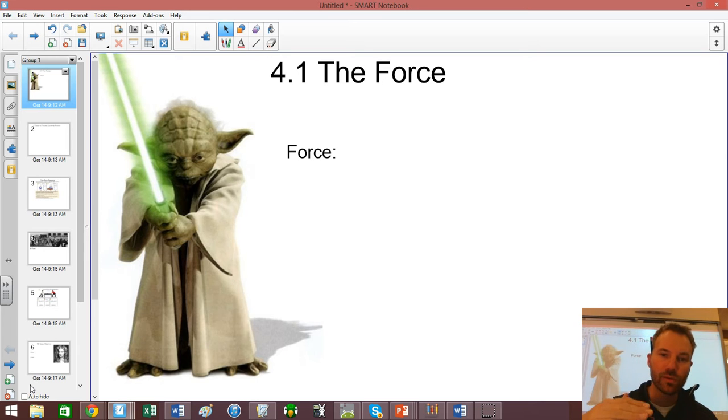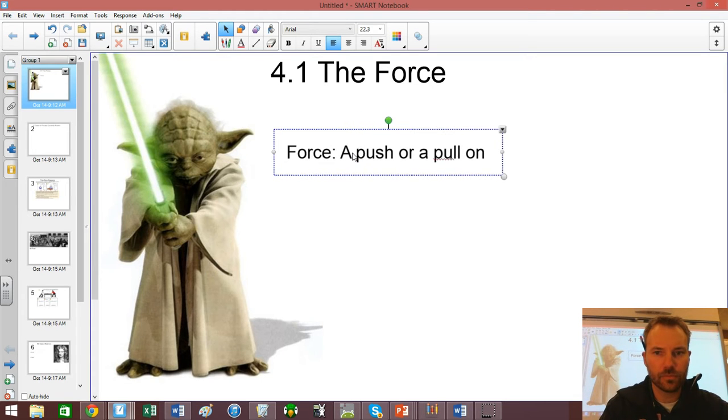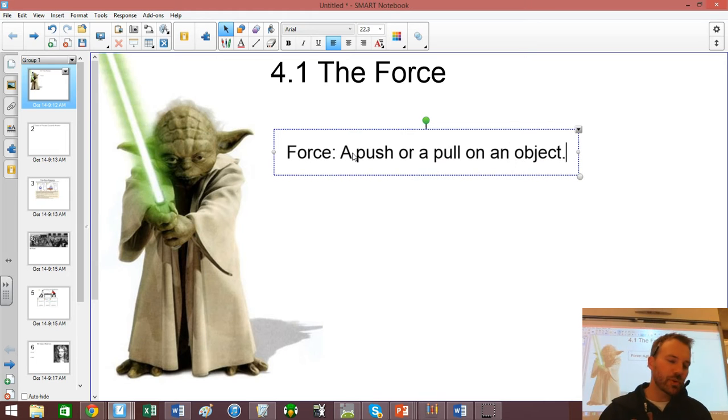So we're just going to go one more step up the rung in bringing force into this. Now, the definition of force is a push or a pull on an object.